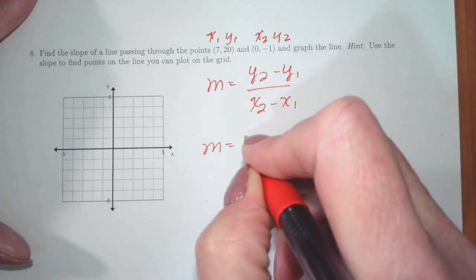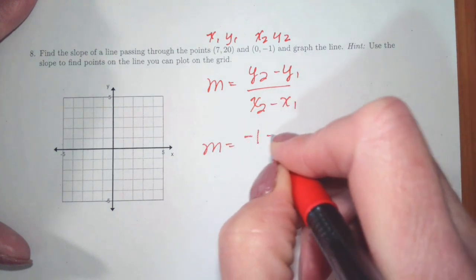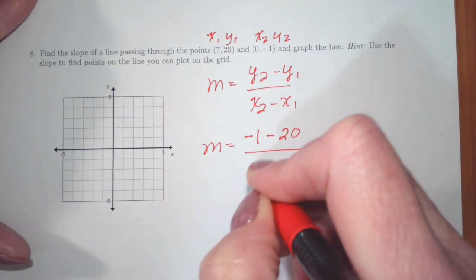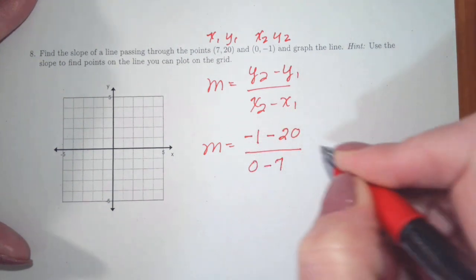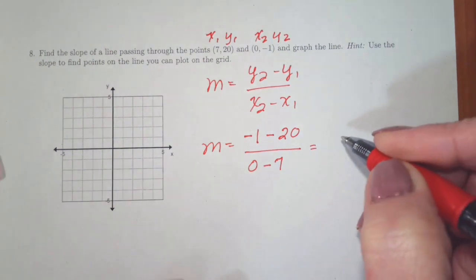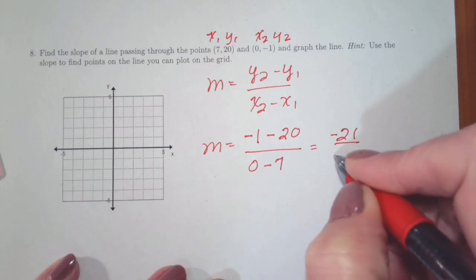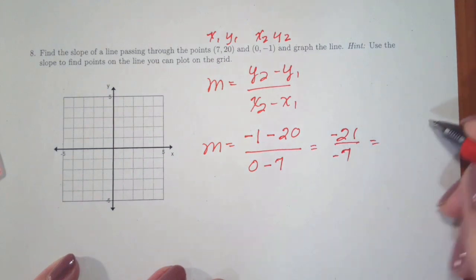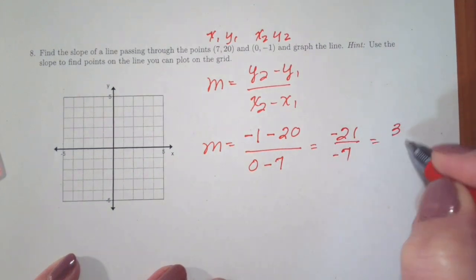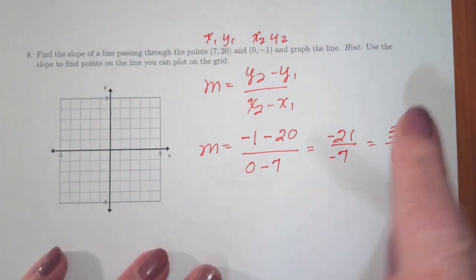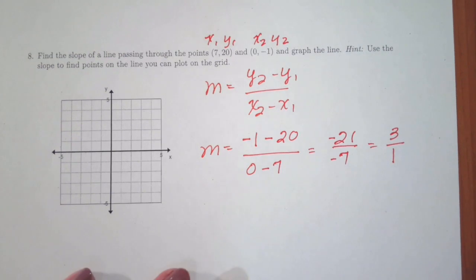So my slope is going to be y2 minus y1 divided by x2 minus x1. So that's negative 21 divided by negative 7, which is a positive 3. And I'm going to go ahead and put it over 1 to remember that I have to do a vertical change and a horizontal change.